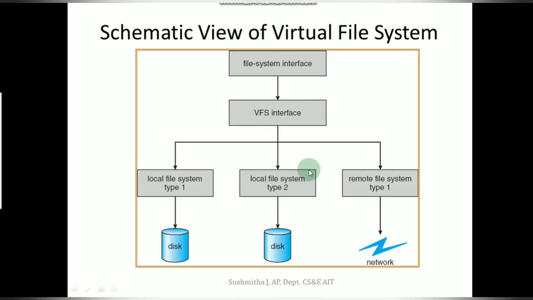So that is about your file system structure and the file system implementation in the hard disk, in the memory, and about your file system implementation.